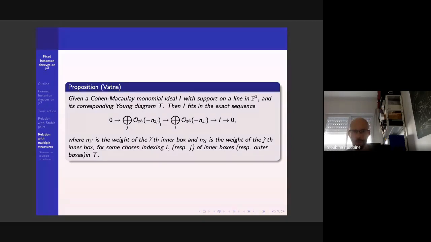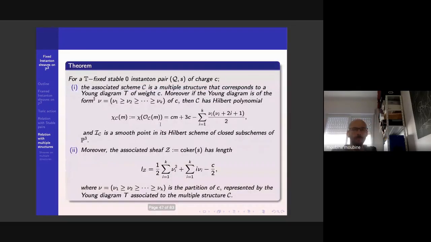So in particular, the C_Zs will correspond to outer boxes. Okay, so with these results, we can compute many things about the curve, in our case, supporting the rank 0 instanton pairs.